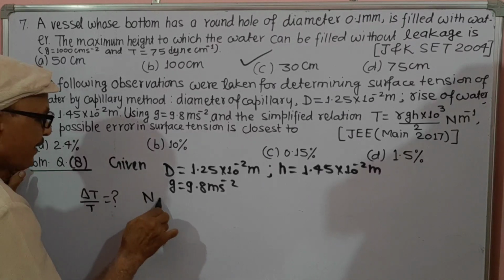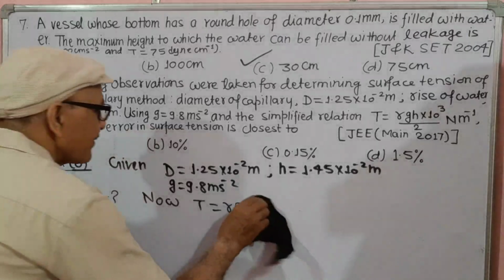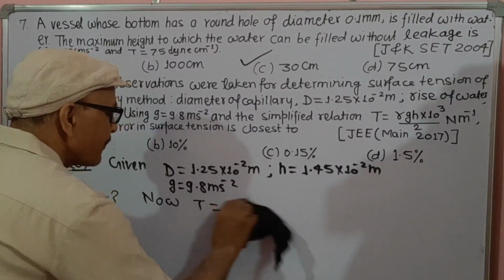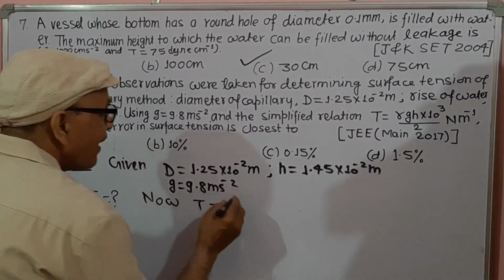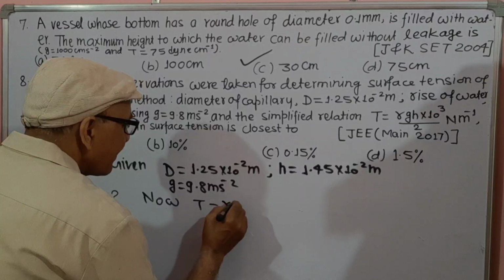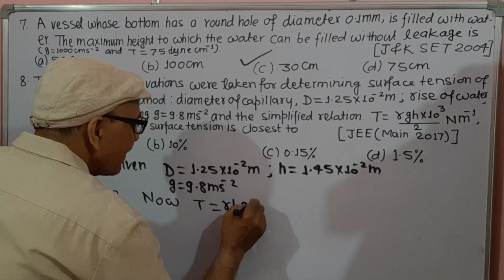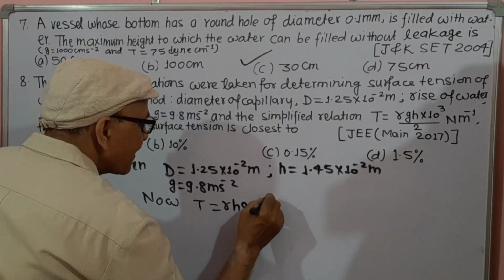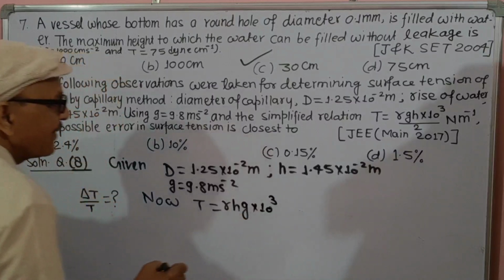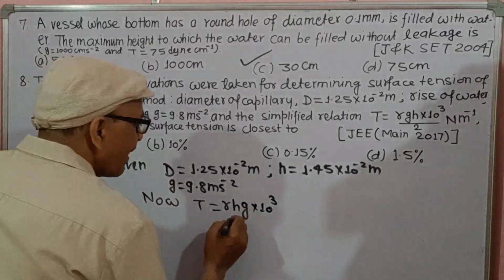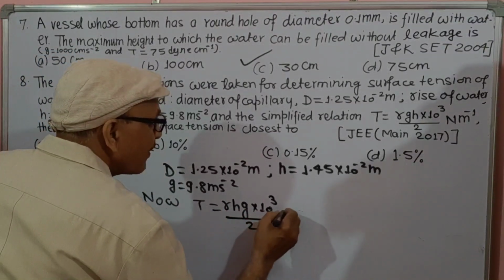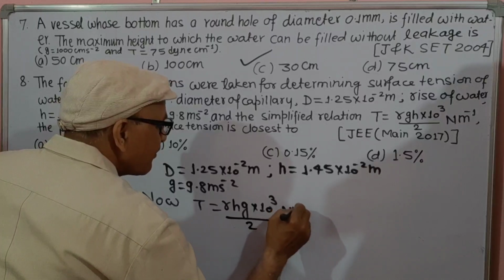Now, surface tension is given to be R H G into 10 to power 3, which is density of water, upon 2 Newton per meter.